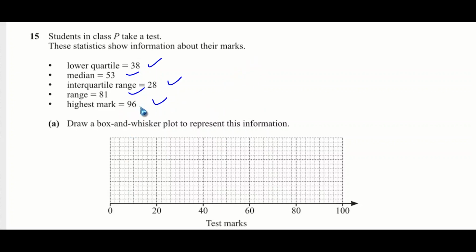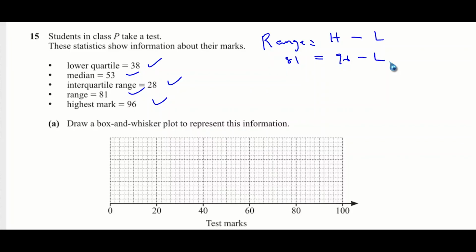Since we know the highest mark and we know the range, the range is equal to the highest minus the lowest. The range is given as 81, and the highest is 96, so we can get the lowest.